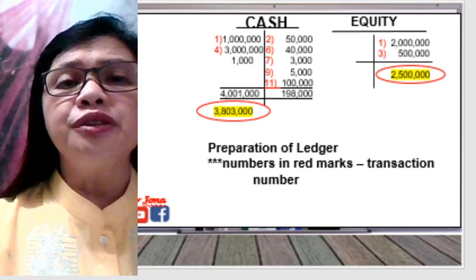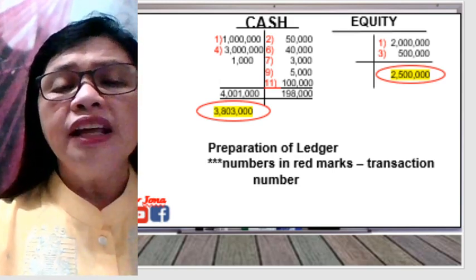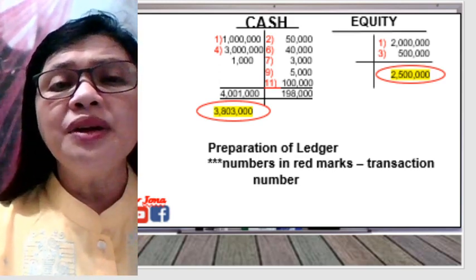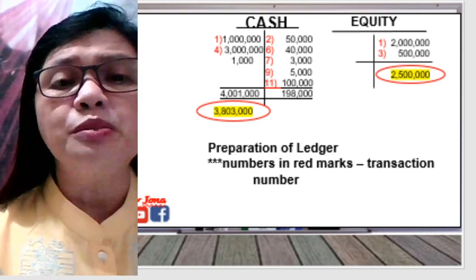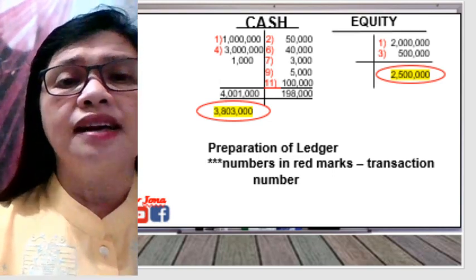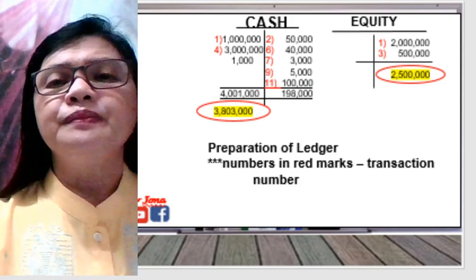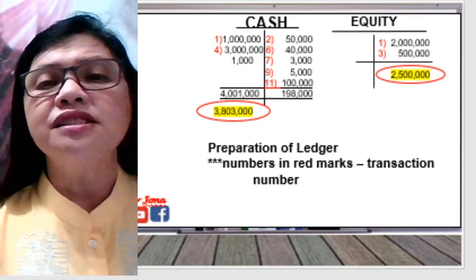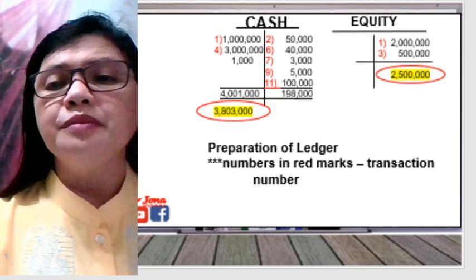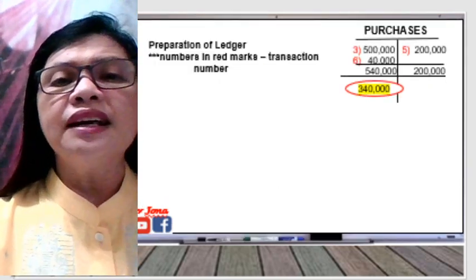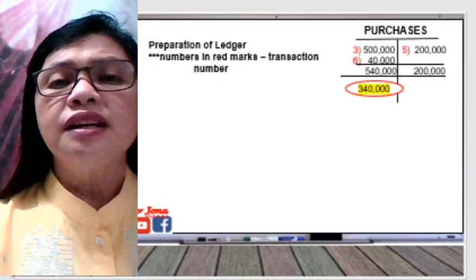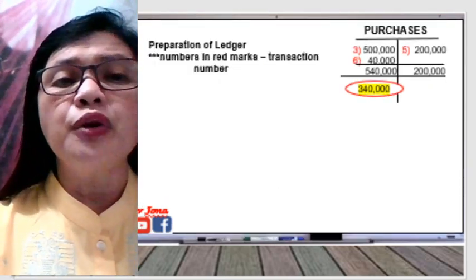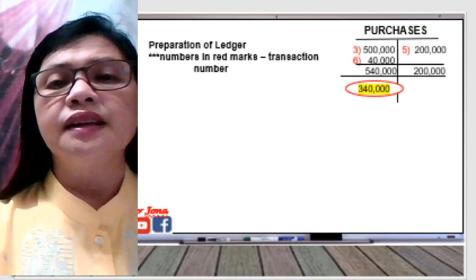And after doing your ledger account in cash, you will arrive at a balance of how much is that? 3,803,000. For equity, you have a balance of 2.5 million. Then again, we have purchases account, a balance of 340,000.